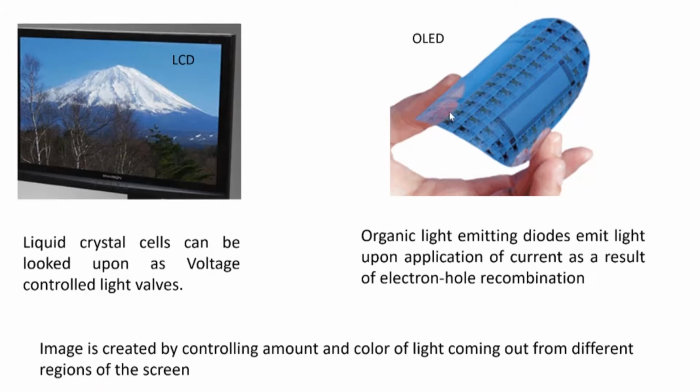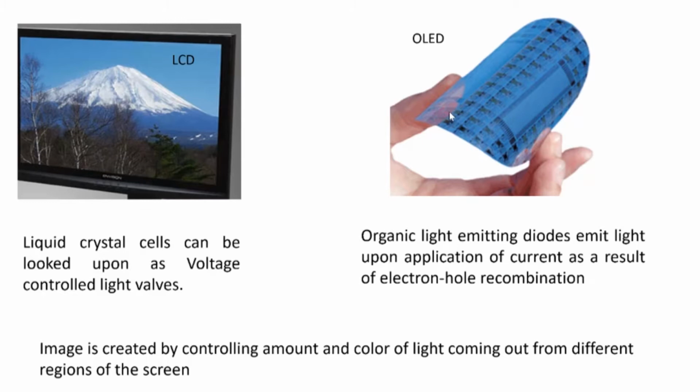You can make it completely off, completely on, or have any number of levels of brightness in between. And not only that, you can have LEDs which emit red, green, and blue. So you have RGB, and by combinations of how much of red, how much of green, and how much of blue you turn on, you create colors in different parts of the screen.